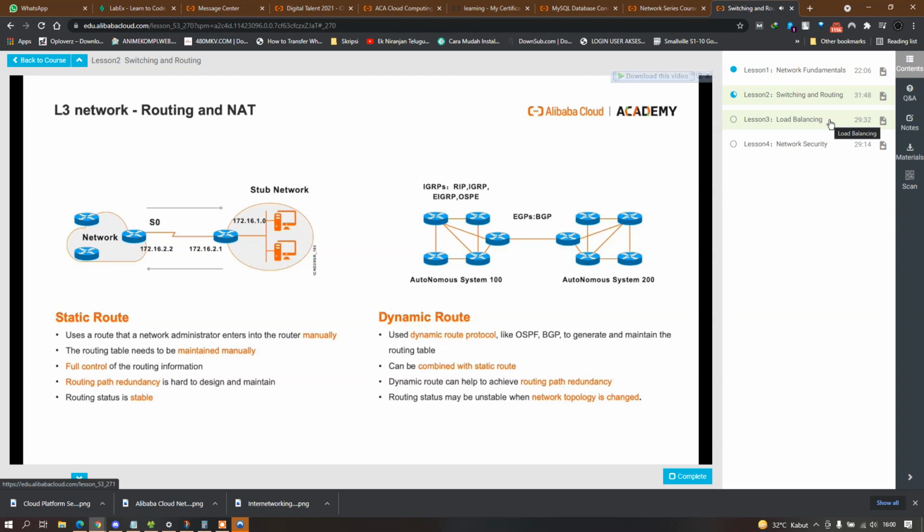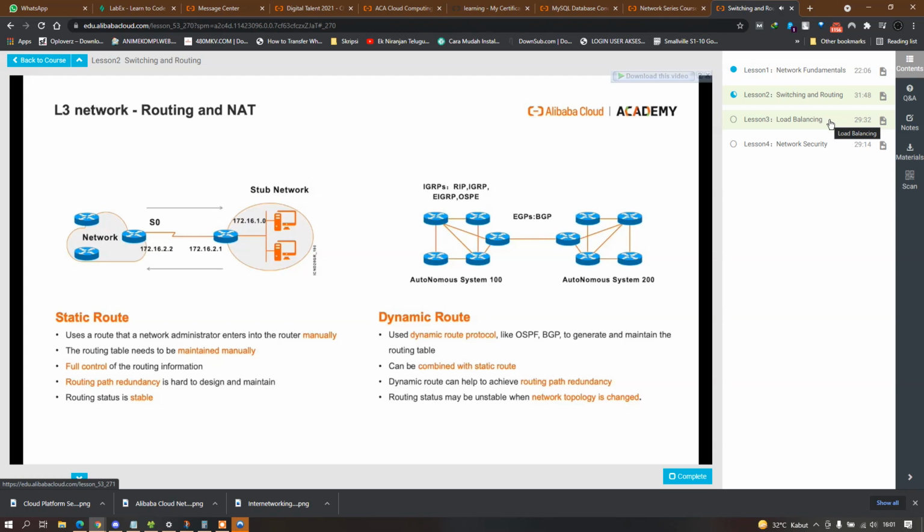But for static route, there is also a big disadvantage: you should design the routing path redundancy by yourself, which means for each route, you should design a backup route or redundant route to prevent single point failure, right?